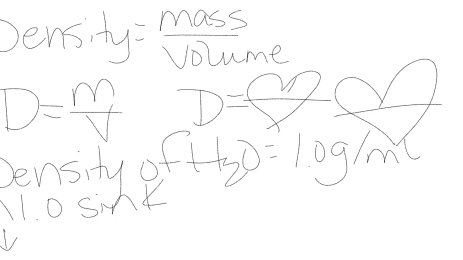Anything that has a density below 1.0 is going to float in water. The only way to really get good at these is to do some examples, so we're going to go ahead and write these down. Again, you should be writing these down because these go in your notes just as if I were there.